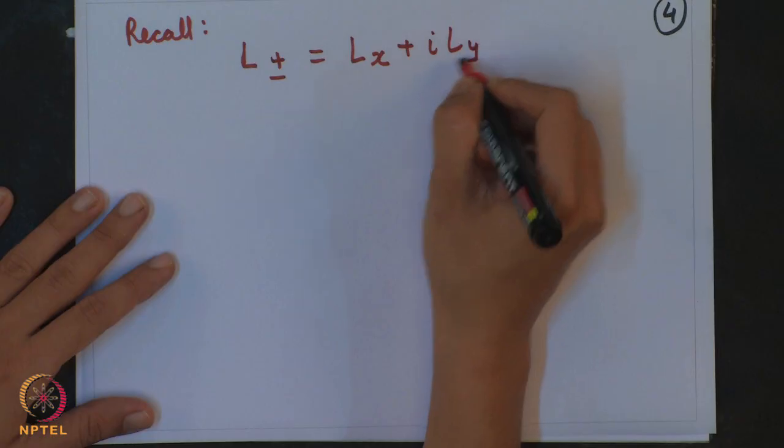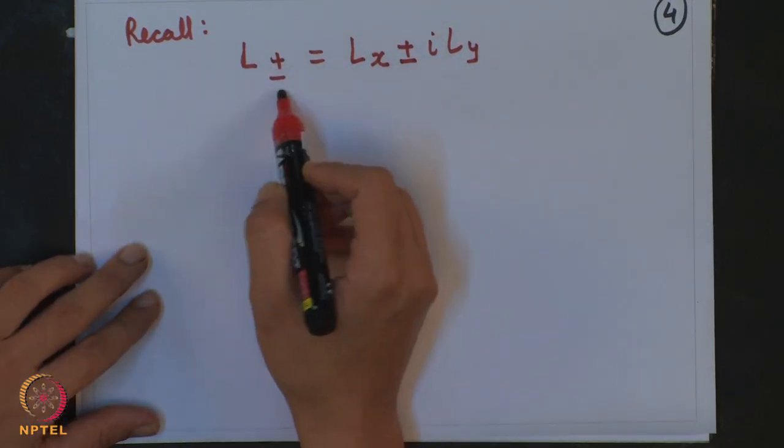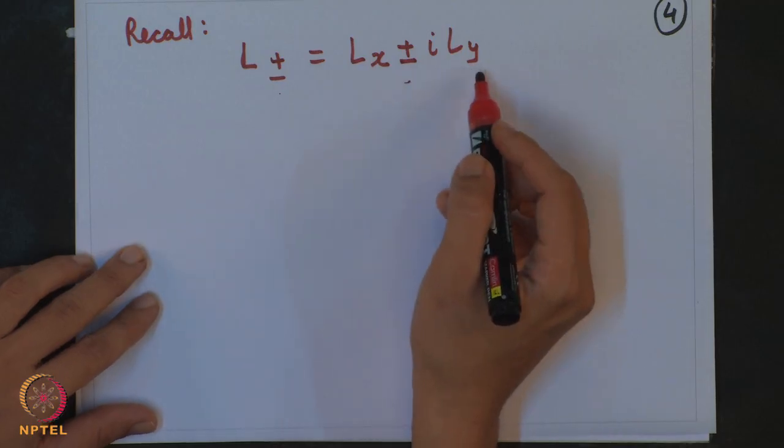L plus will take you to the next step where m becomes m plus 1, and L minus will take you a step downwards. When you use these ladder operators, you are able to simplify and work with them. L plus minus by definition is Lx plus minus i Ly. So, L plus is Lx plus i Ly, L minus is Lx minus i Ly.